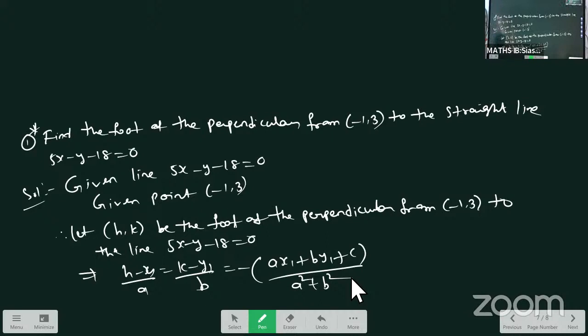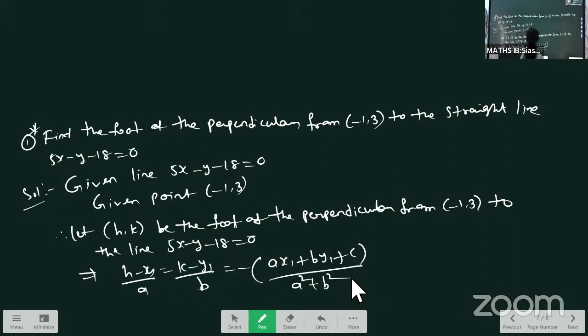Here (x1, y1) is the given point (-1, 3), and a, b, c are from the given line. We will be getting 5, -1 and -18.